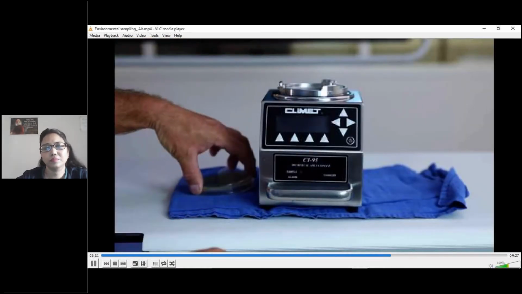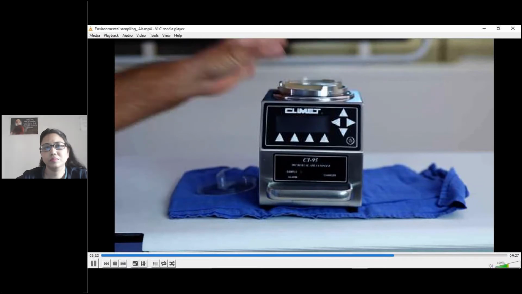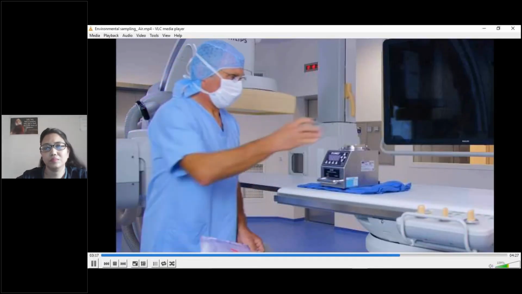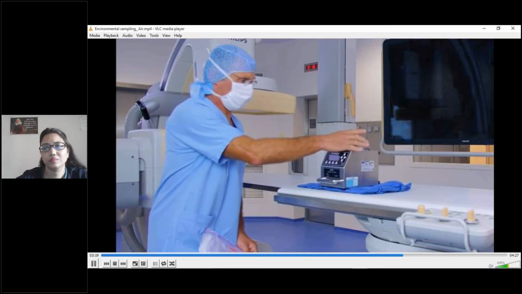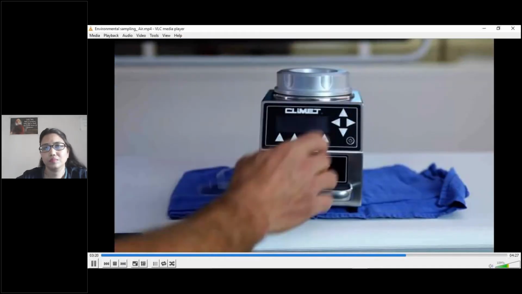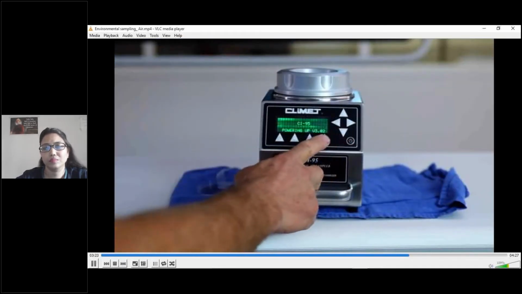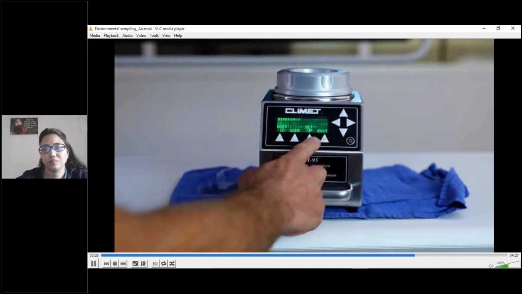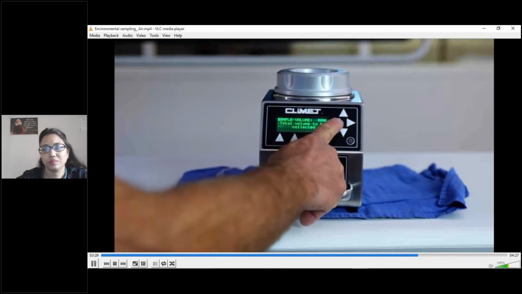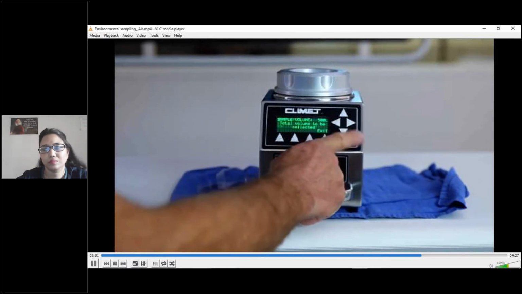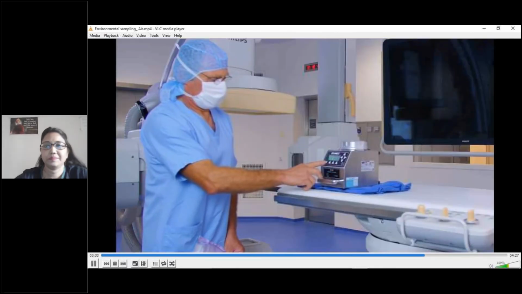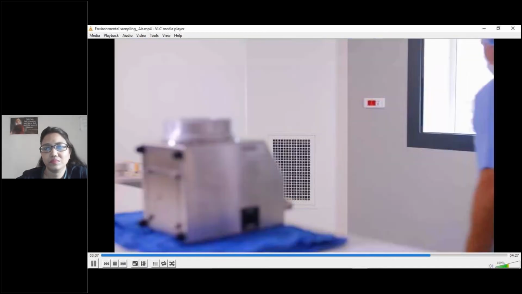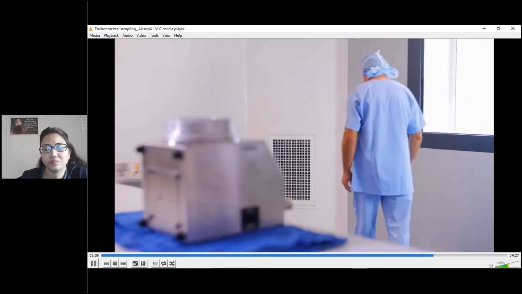Open the agar. Position it in its place facing upwards. Then screw the nozzle. Start the device and set the volume of air to be sampled. 1000 litres for M1 and M10 classes, and 200 or 500 litres for M100 zones. Keep still and move out of the area if the aerobio collector has a delayed start function.